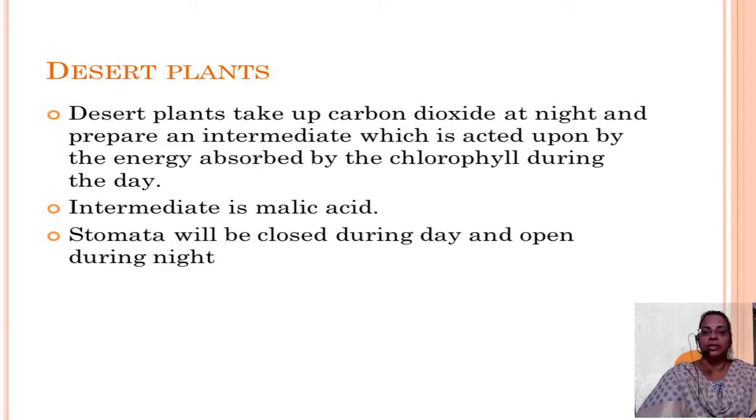In desert plants, where the availability of water is very less, the carbon dioxide has to be absorbed through the stomata. The plants require carbon dioxide and oxygen for photosynthesis. Carbon dioxide is utilized and oxygen is released out as the waste material. So here this gas exchange is taking place through the stomata.